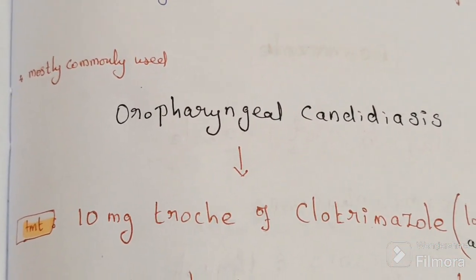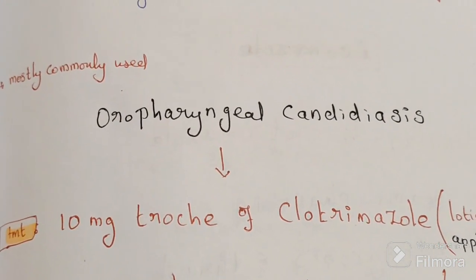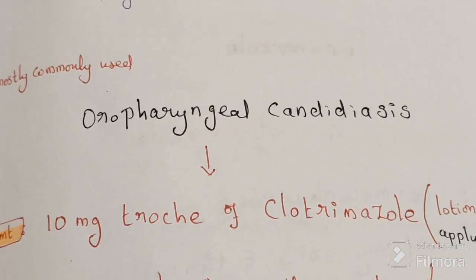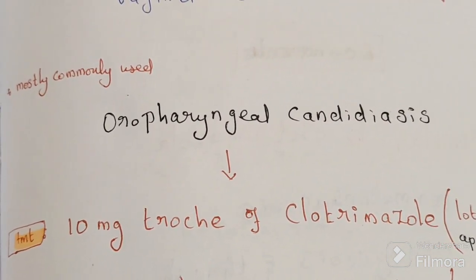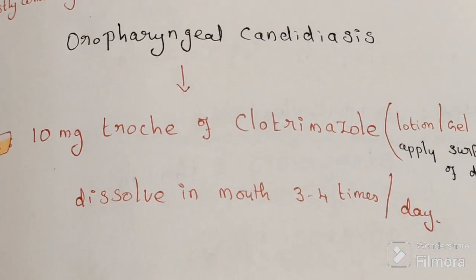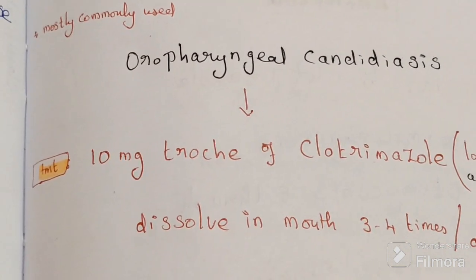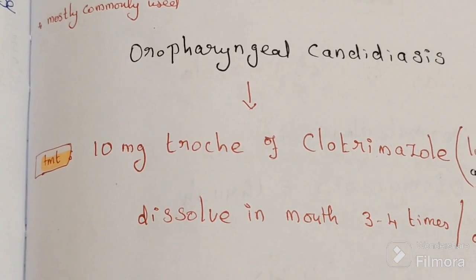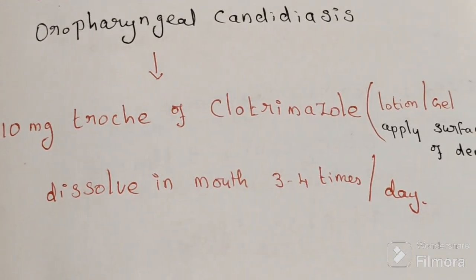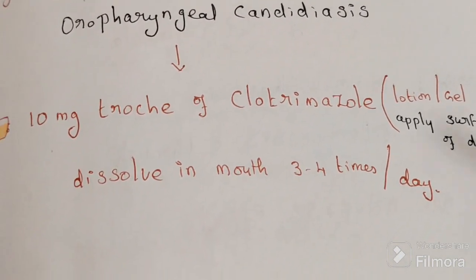For treatment, a 10 milligram troche of clotrimazole is dissolved in the mouth 3 to 4 times daily.